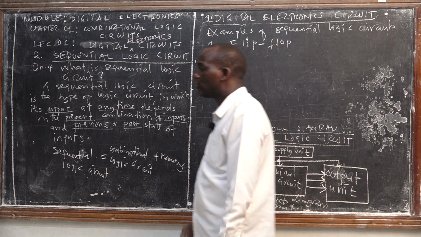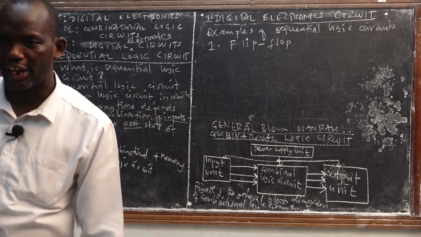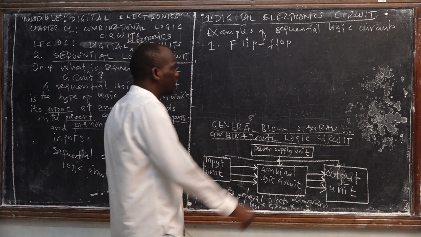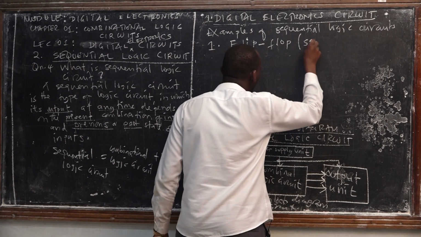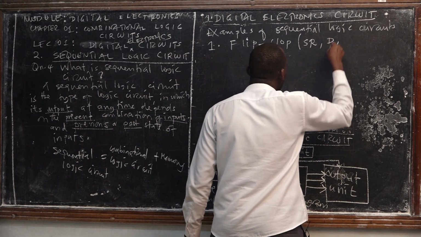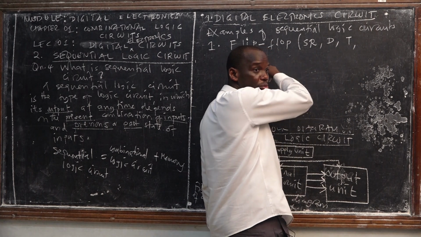So those floppy disks consisted of different flip-flops. And in electronics, we have only 4 flip-flops, right? The first one is the SR flip-flop. Also, we have the D flip-flop, which is one of the topics in this module.